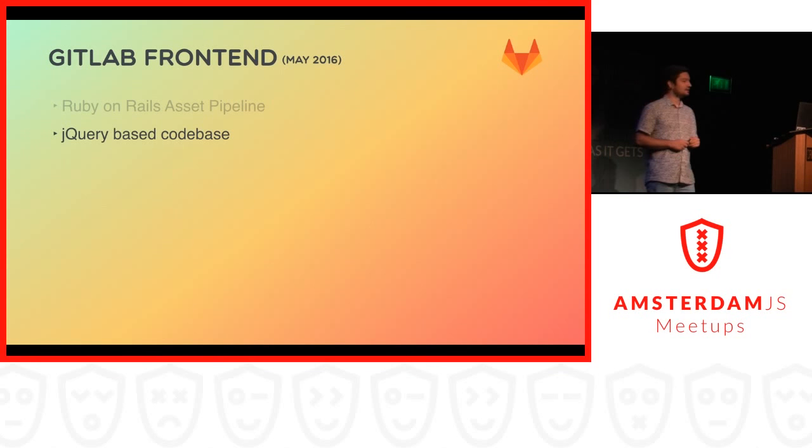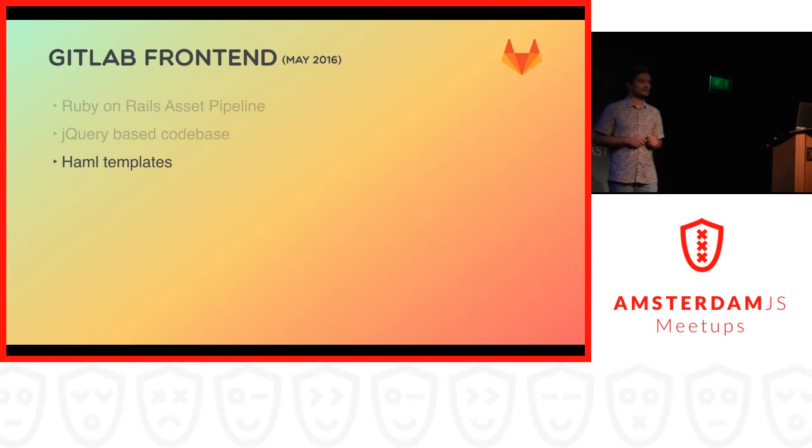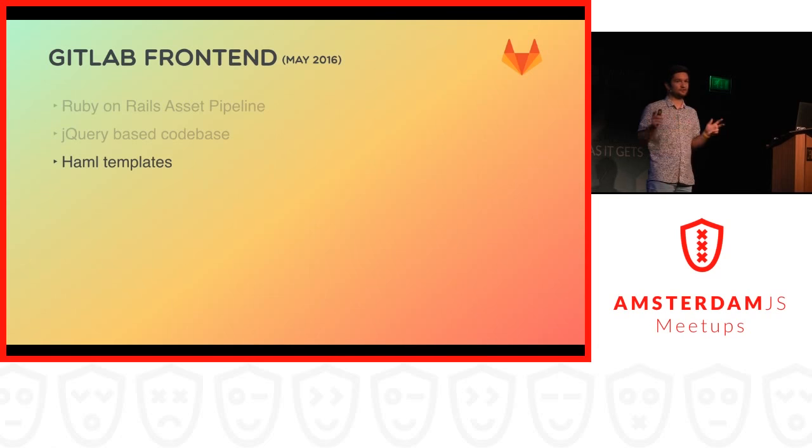At that time we had a jQuery-based code base. We still have, but we do better. I will share more updates on this. And we had HAML templates, which is a backend templating language that works with Ruby on Rails.